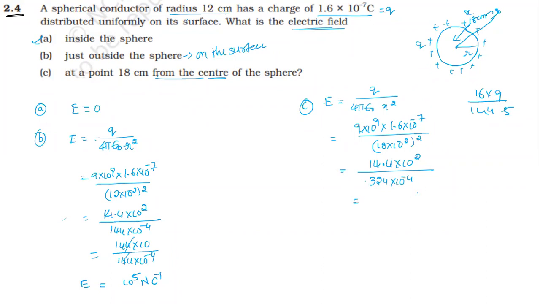Now I need to simplify this. 14.4 divided by 324 gives 0.044 into 10 power minus 6. I'm going to shift it by one decimal place, plus 6, not minus 6. So it becomes 0.44 into 10 power 5 Newton per coulomb. That is the electric field they're asking.